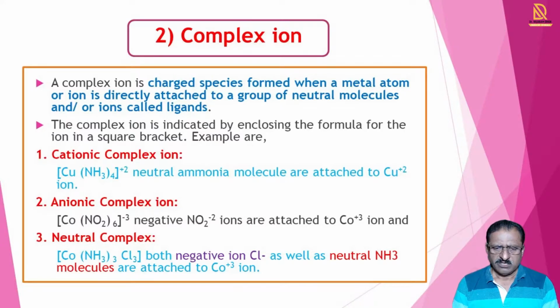Here the negative Cl minus ions as well as neutral NH3 molecules are present, and the charge of the cobalt 3+ ion is balanced by 3 Cl minus ions, so this molecule is neutral and is called a neutral complex.